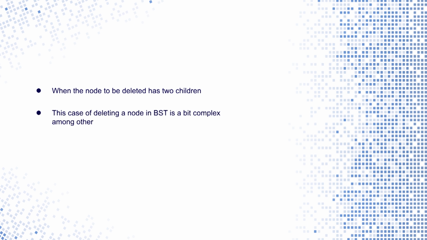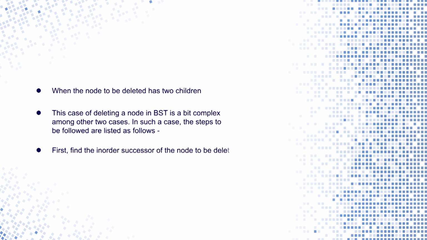Now, in the third case, when the node to be deleted has two children, that is a complicated case. Deleting a node in a binary search tree in this case is a bit complex compared to the other two cases. In such a case, the steps to be followed are listed as follows. First, find the in-order successor. We already studied the in-order successor in trees.